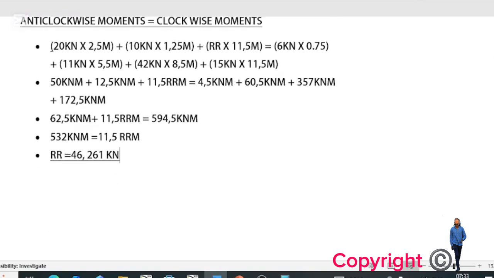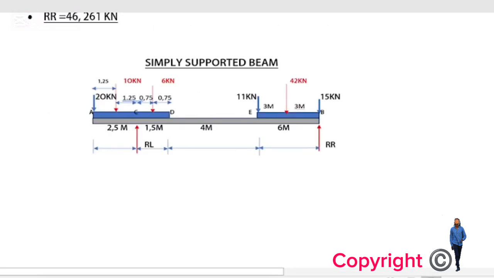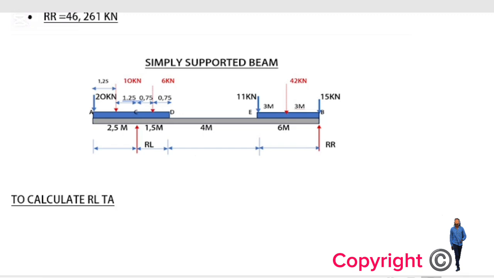Let's go to the second calculation. The second calculation, we are going to calculate RL. Let me do it this way. To calculate RL, take moments around RR.